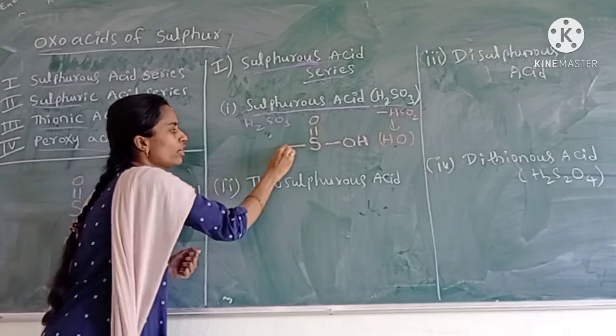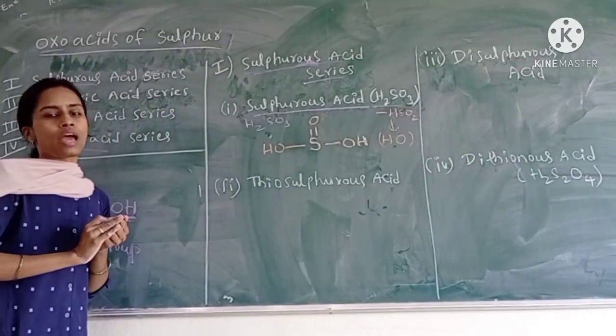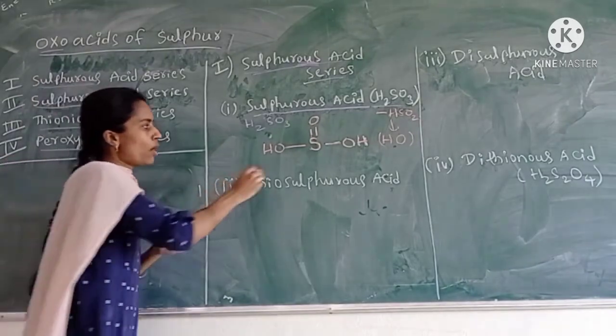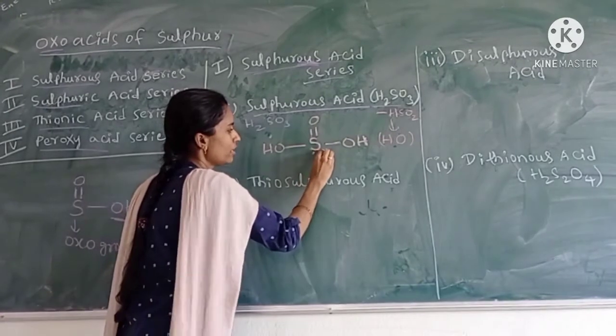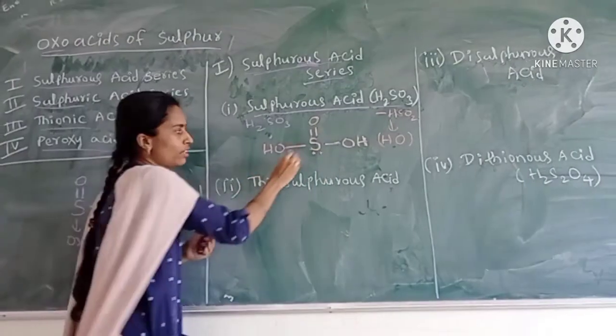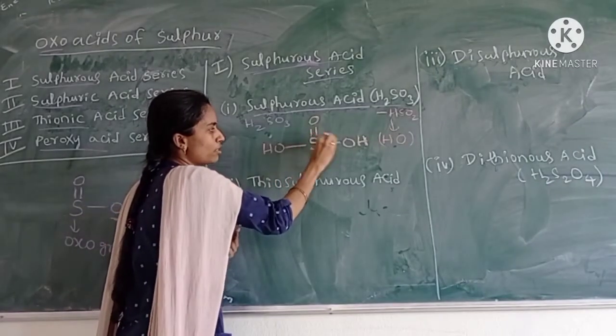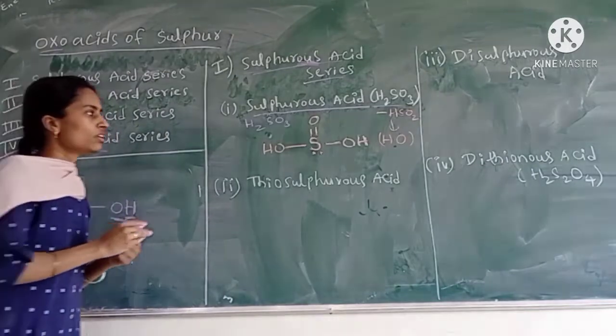Just put OH here. So this is the sulfurous acid structure. And you have to remember that sulfur has a total of 6 valence electrons; 4 participate in bonding and 1 lone pair remains. That you have to remember.